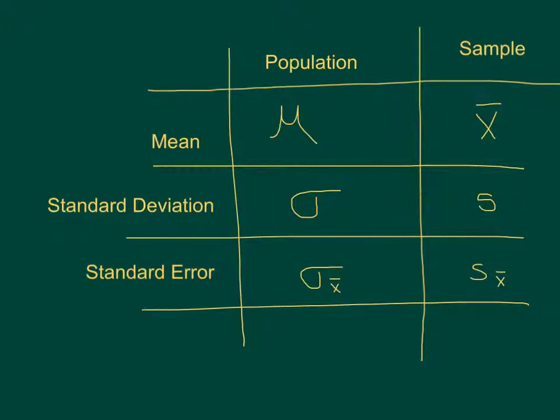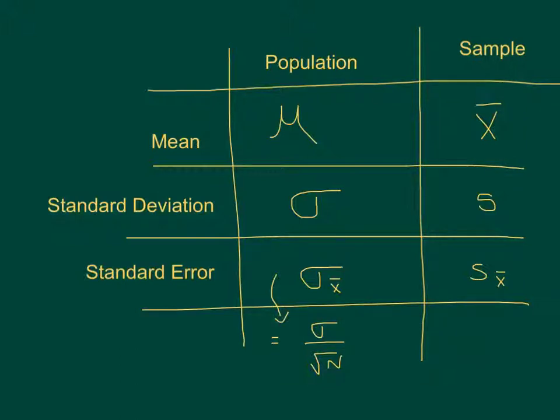And remember, standard error is always going to be calculated by looking at the standard deviation over the square root of n. So for a population, or for a z statistic, sigma sub X bar is calculated by sigma over the square root of n.